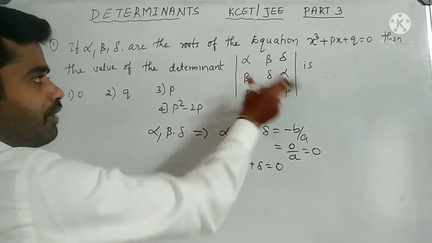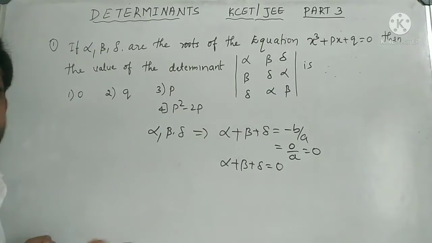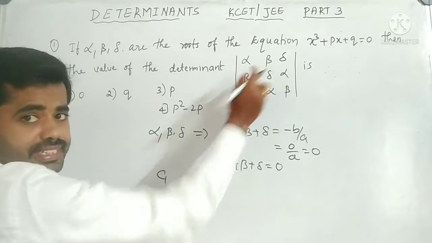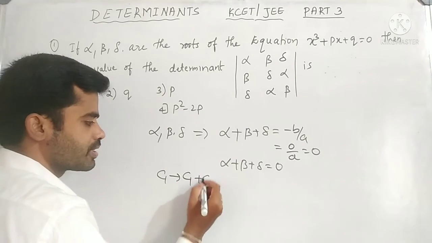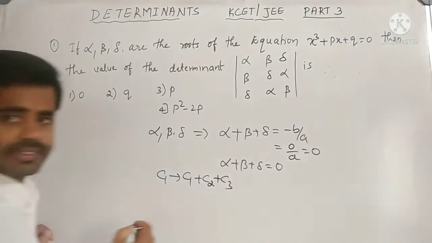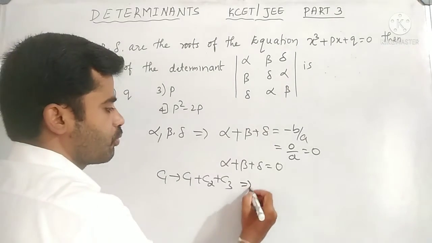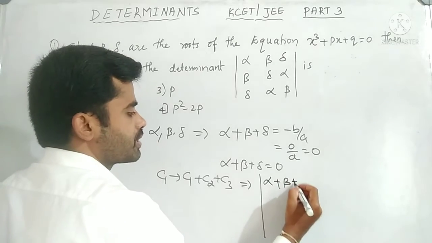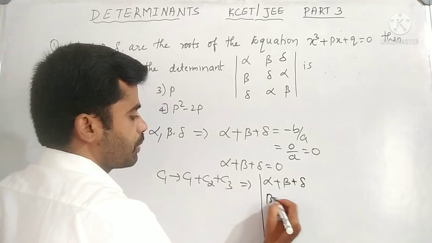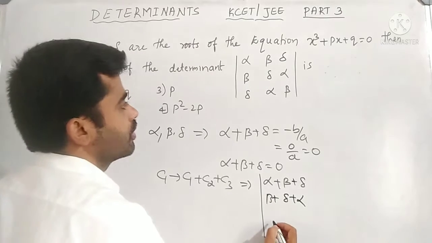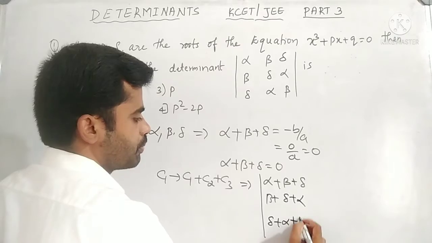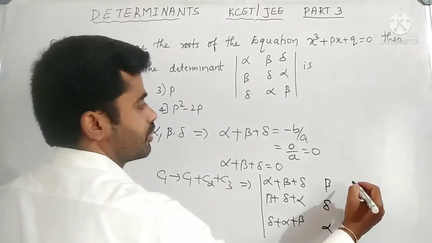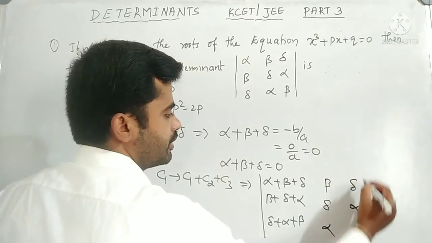Now I want to find the value of this determinant. Before that, I will make some operation: C1 becomes C1 plus C2 plus C3. Then the first column becomes alpha plus beta plus delta, beta plus delta plus alpha, delta plus alpha plus beta, and the others stay as they are.